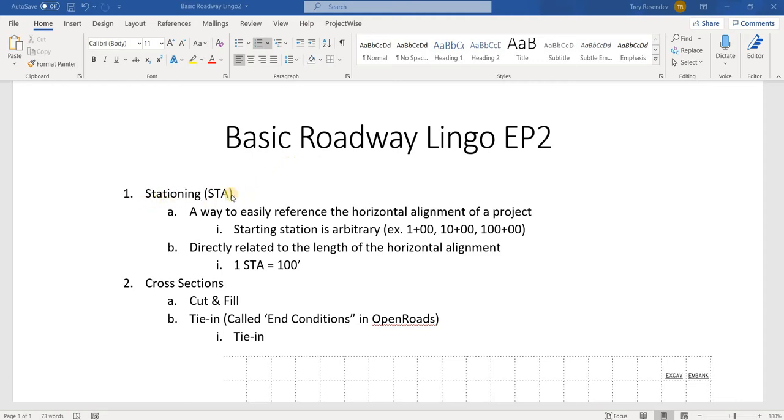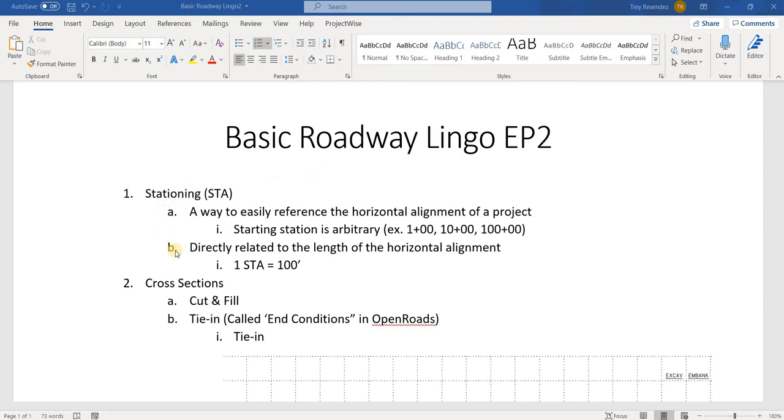So, number 1 here we have stationing, and it's pretty much just an easy way to reference the alignment, the horizontal alignment of a project, and this is used not only on roadways but on retaining walls as well.